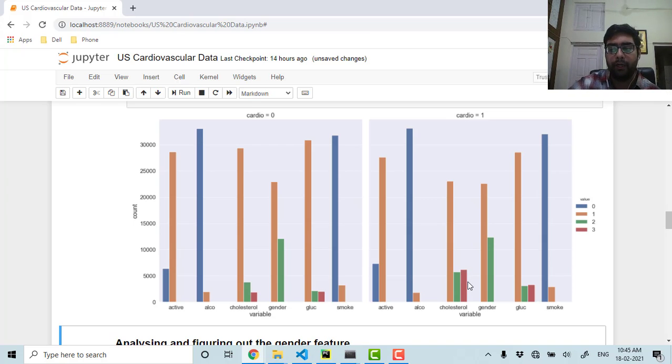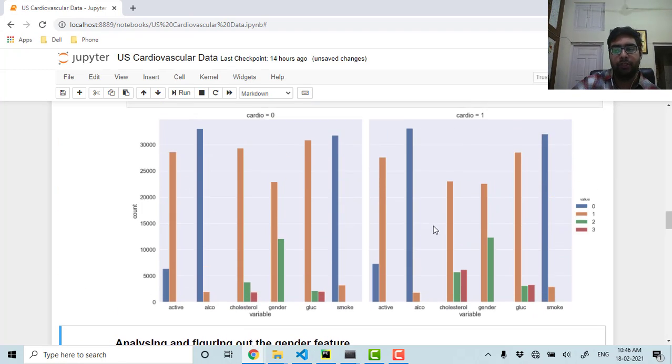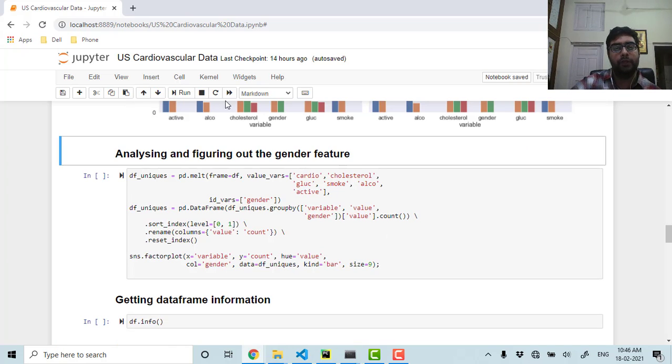We will analyze more deeply to see how impactful each feature is on cardiovascular disease, but viewing this graph, we can say that cholesterol and glucose are the two factors causing cardiovascular diseases. Now let's find out the gender feature, like which is male and which is female.